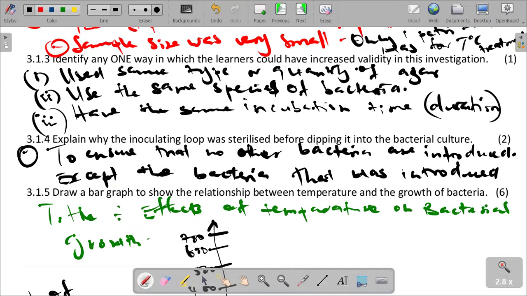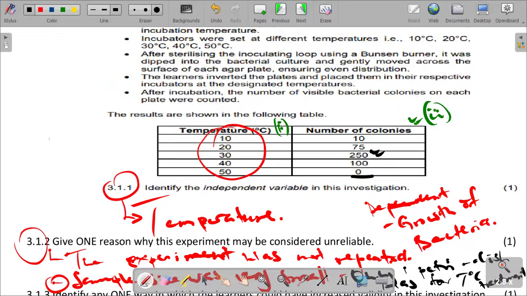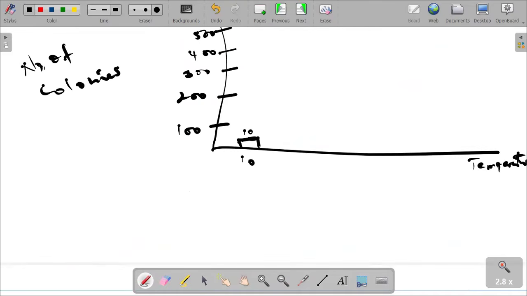So we have 10, and then the next one is 20, which is 75. It is above the first one, closer to 100, but not 100.